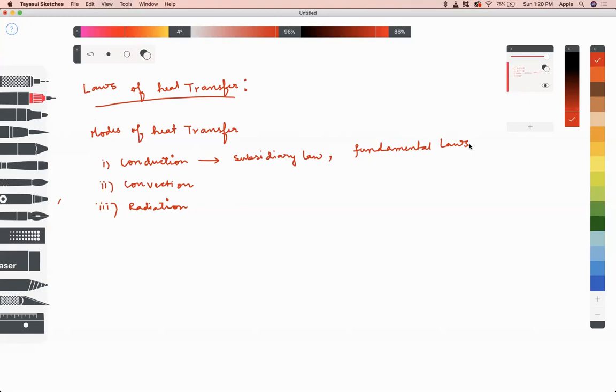These will be common no matter which particular scenario you are taking, whether you are taking conduction, convection, or radiation, fundamental laws have to be satisfied. You cannot say that my situation satisfies only the subsidiary law and it does not satisfy the fundamental law.